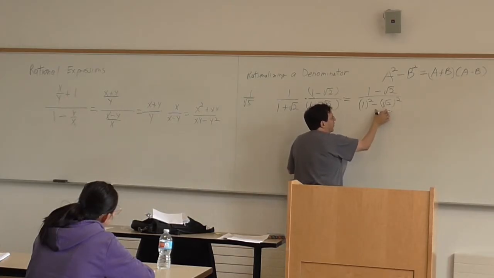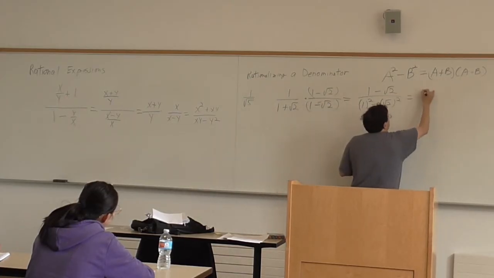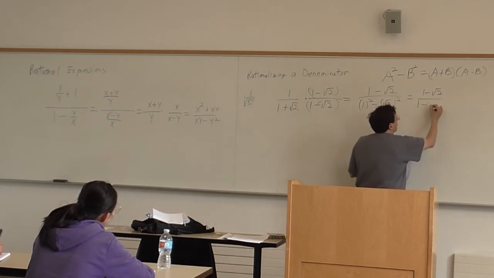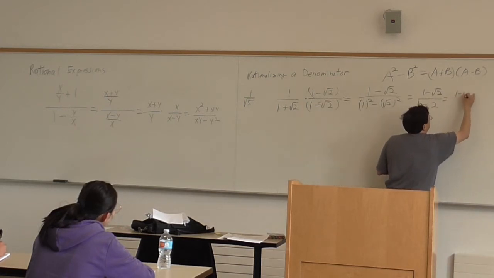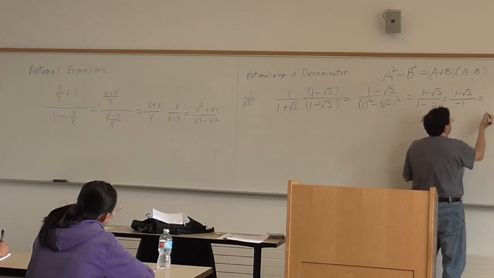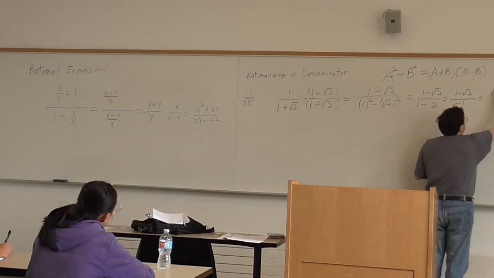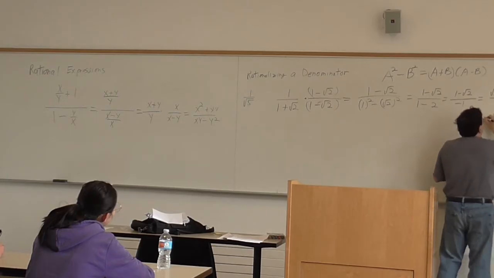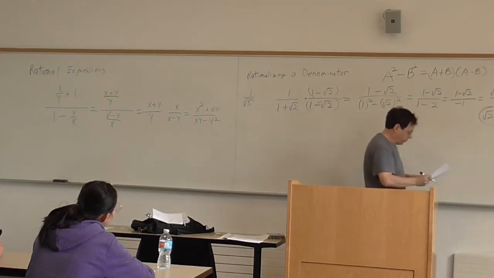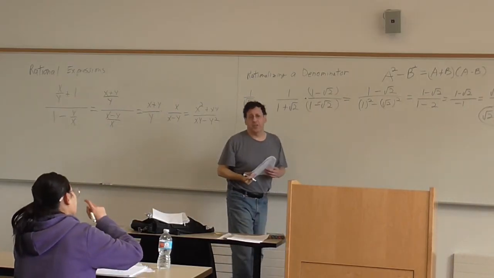But this is going to get rid of the radical in the denominator. 1 minus square root of 2 squared is 2. So I have 1 minus square root of 2 over minus 1, or to make it look a little nicer, let's multiply the top and bottom by minus 1. We'll get the square root of 2 minus 1 over 1, or just plain square root of 2 minus 1. So that's rationalizing the denominator.